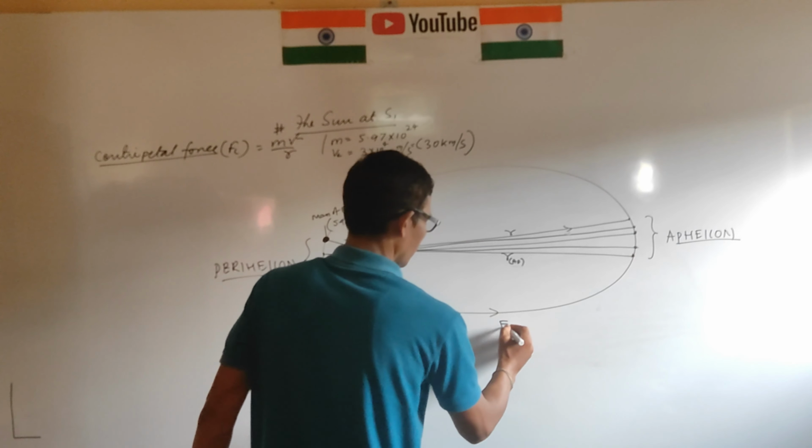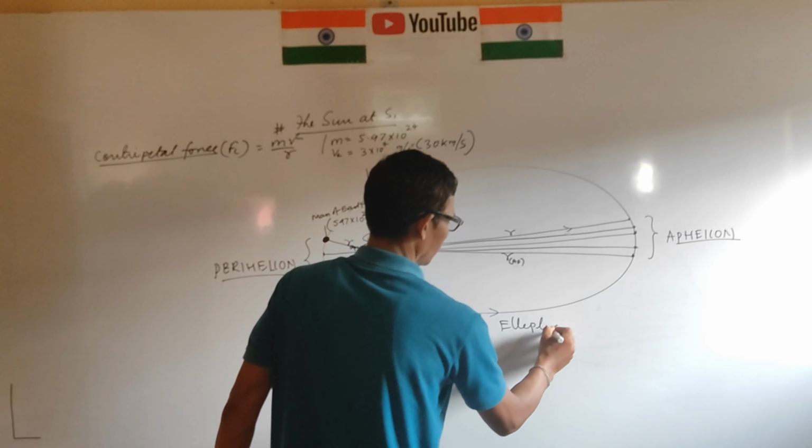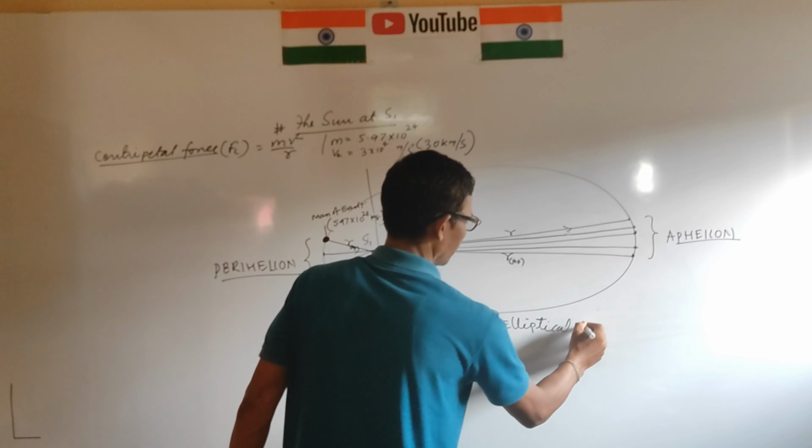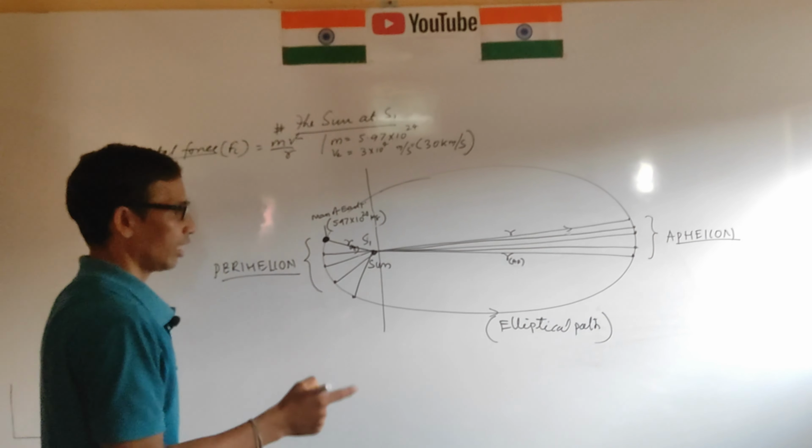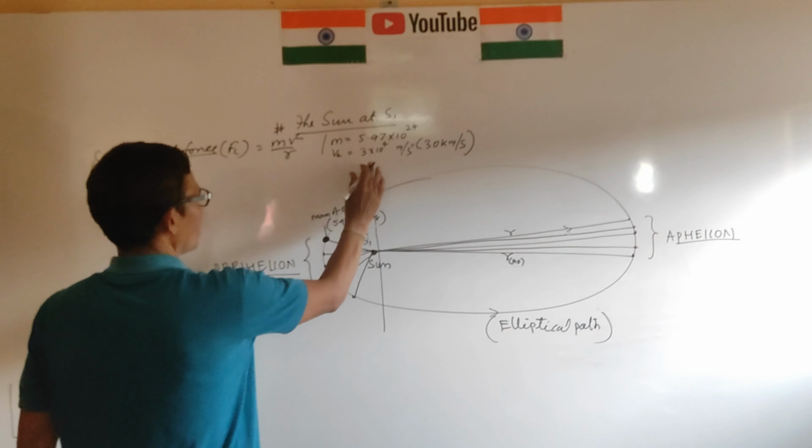This is the elliptical path, and it is like this. This is the perihelion, and how much is the perihelion?